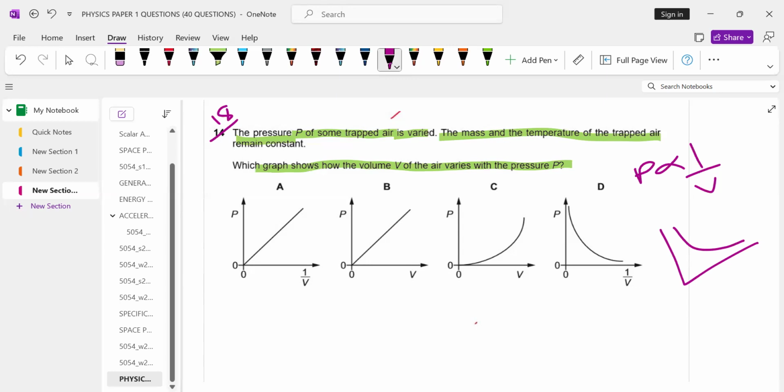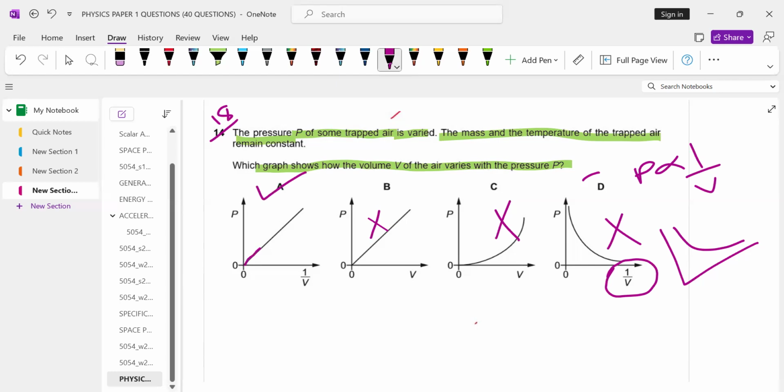So option D seems correct, but here see that at the x-axis there is 1 upon V. So this option is incorrect. Option C is also incorrect. Option B is also incorrect because it shows a direct relationship. But option A is correct. How?